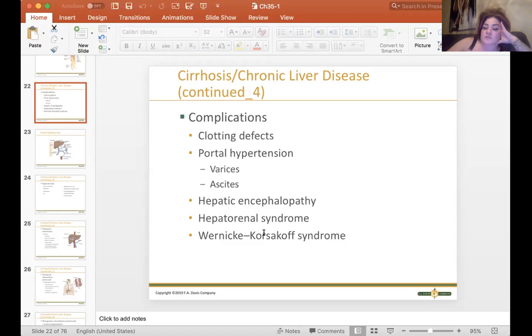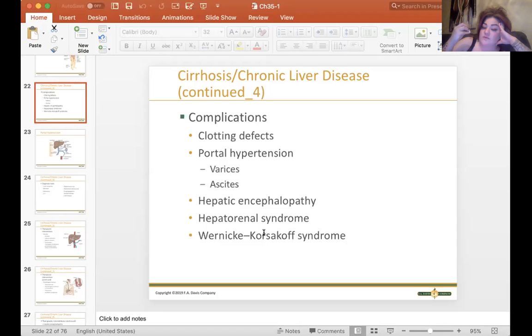So Wernicke-Korsakoff's is referred to by the slang term wet brain. And what that means is, if you were in my last clinical, you know, we have this vitamin called thiamine. Thiamine is vitamin B1. We do not produce it ourselves. We must take in that vitamin; it's in food, so we have to eat it.